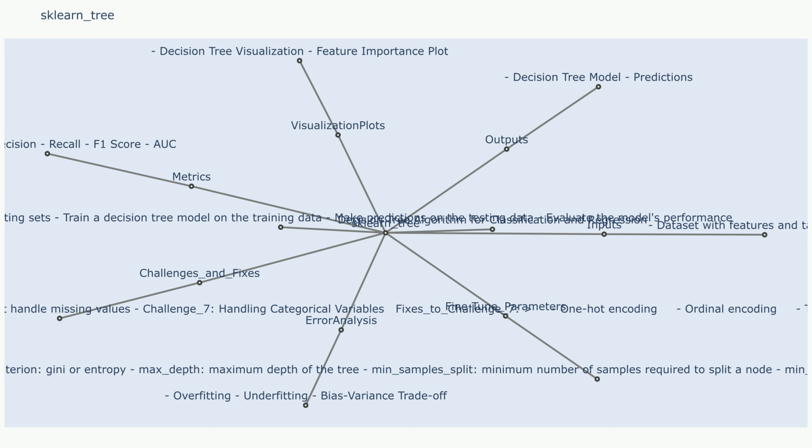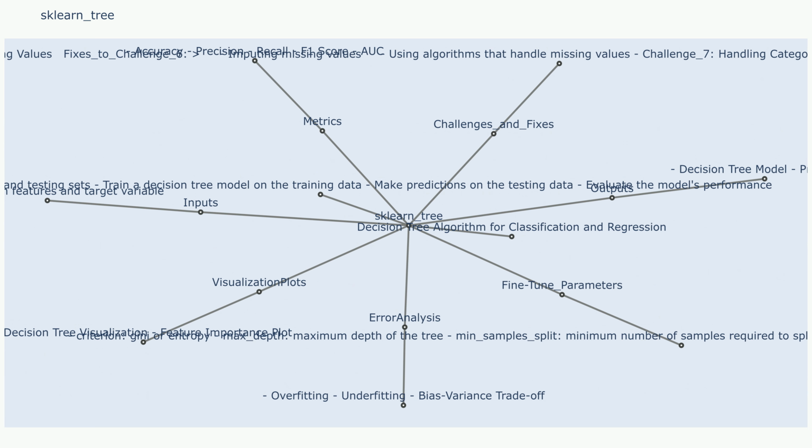This process continues until the leaves of the tree are reached, which represent the final predictions. Pruning: to prevent overfitting, the tree is often pruned by removing branches that do not improve the model's performance on a validation set.